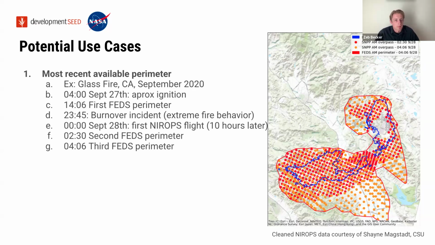And then at 4:06 a.m., we actually got a third overpass, which happens when the satellite has its first initial overpass where it might be closer to directly overhead, but then sees this on the edge of its scan swath on its subsequent overpass. So you can see that these are all capturing different parts of the fire's behavior and adding, on top of NIROPS, additional opportunities to capture that possibly just would not have been able to be mapped without that.